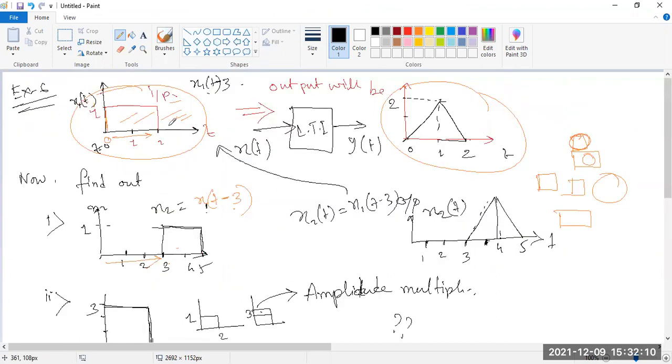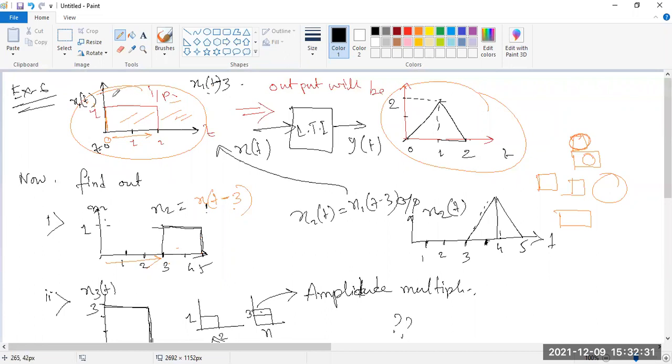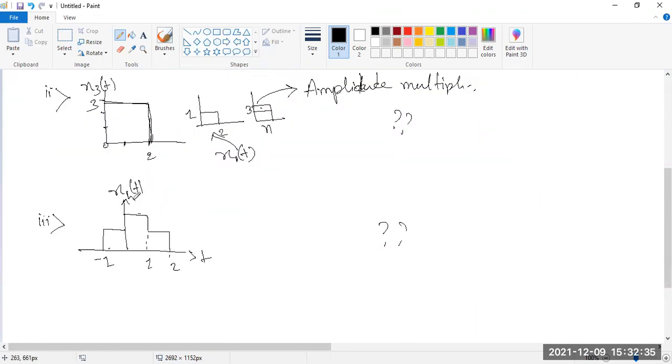So time multiplication or time shifting is not required, nothing is operated on time, only the amplitude is changing. So this is called amplitude multiplication. If x of t is this signal, then this is the x1 signal, this is the x2 signal, this is the x3 signal, and this is the x4 signal.